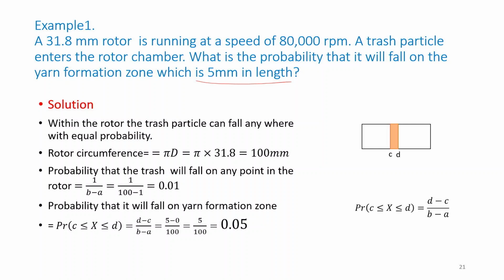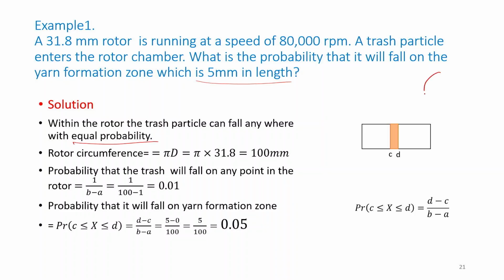As the fibers are injected, some trash particles, especially when we feed cotton fibers, can also enter the rotor chamber, and once they enter, they can settle anywhere. So within the rotor, the trash particle can fall anywhere with equal probability.